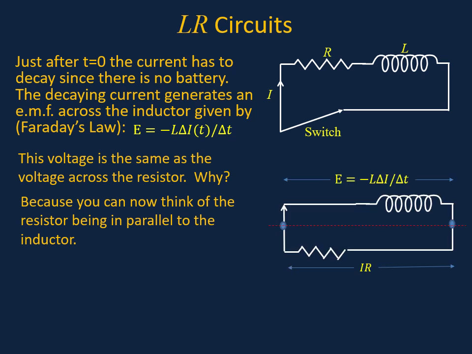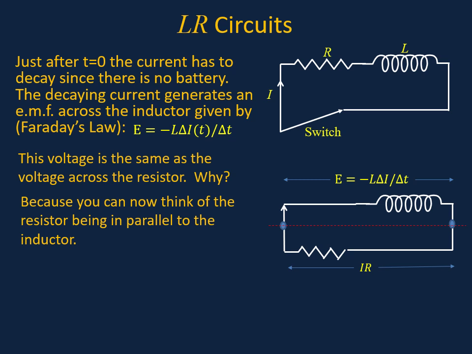The resistor has been moved to the bottom arm, and you can see that the inductor and the resistor can now be thought of as being parallel to each other. With respect to these two points, the inductor is on this side and the resistor is on the other side.